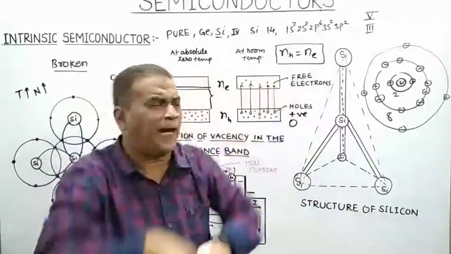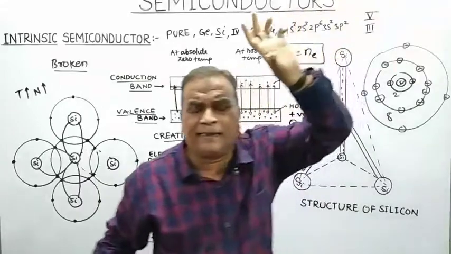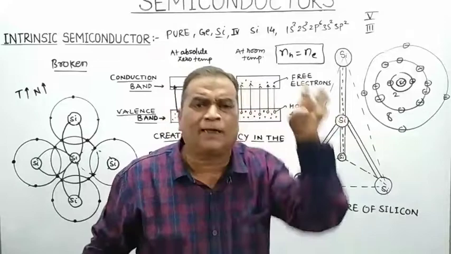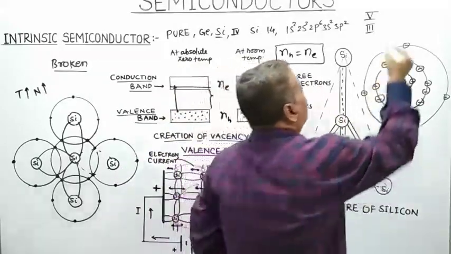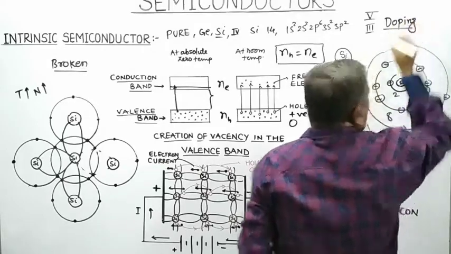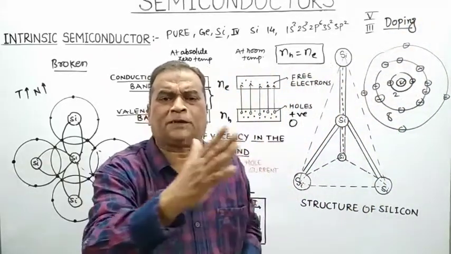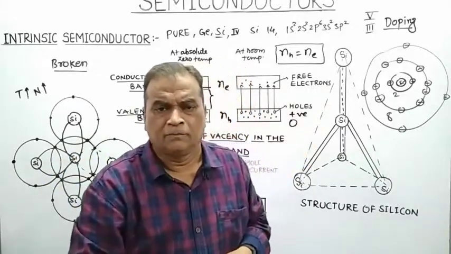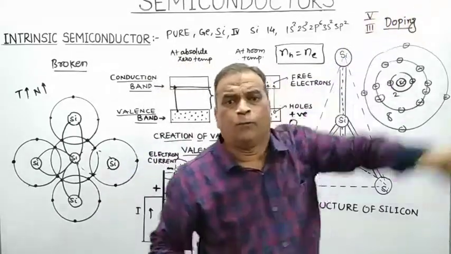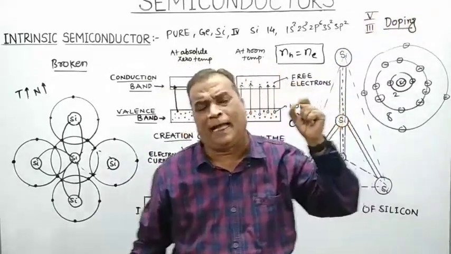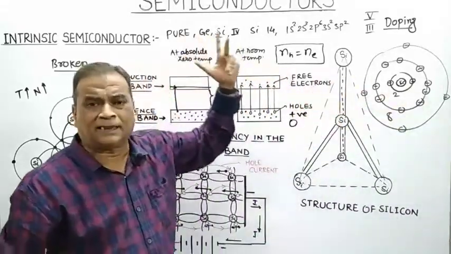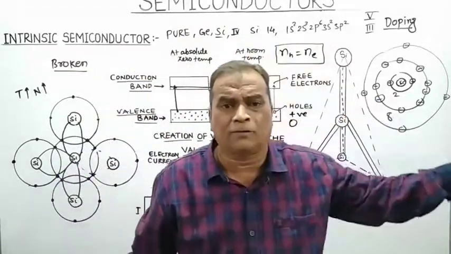So the process of adding pentavalent impurity atom or trivalent impurity atom to a pure semiconductor is called doping. It is called as what? Doping. What do you mean by doping? Doping is the process of adding an impurity atom to a pure semiconductor, and addition of a very small amount of impurity atom may increase its electrical conductivity by a very large amount.